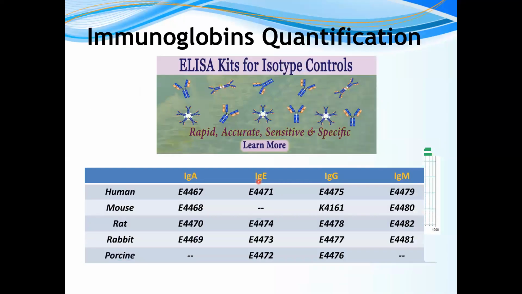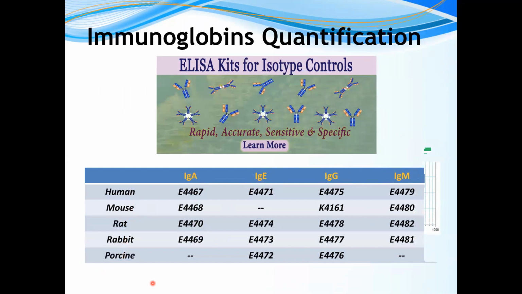Next, we have a product line of ELISA kits for immunoglobulin quantification. Currently we have ELISA kits that can detect IgA, IgG, and IgM in different species: human, mouse, rat, rabbit, and porcine.